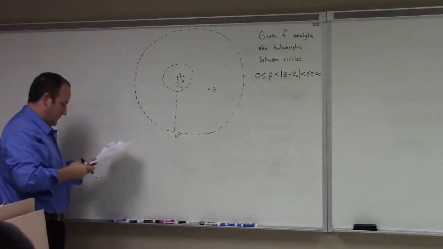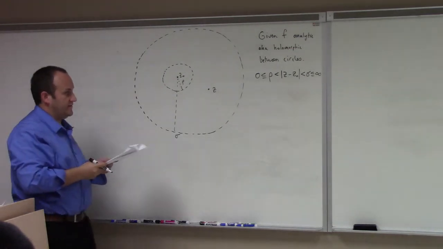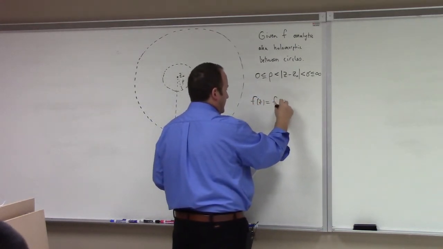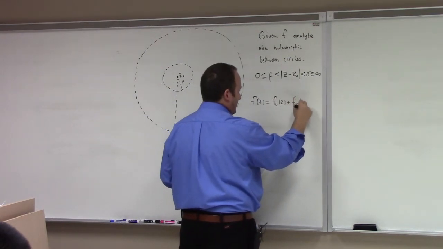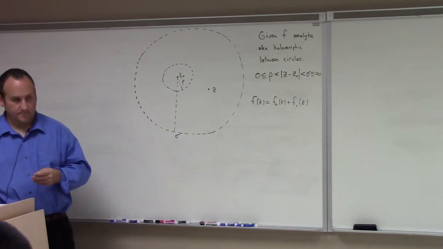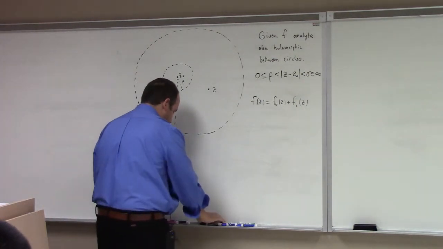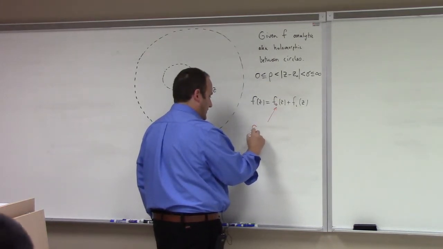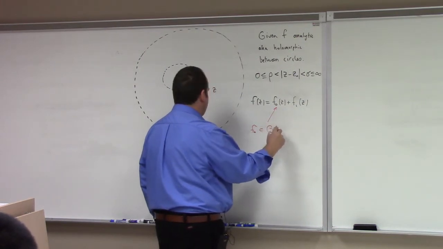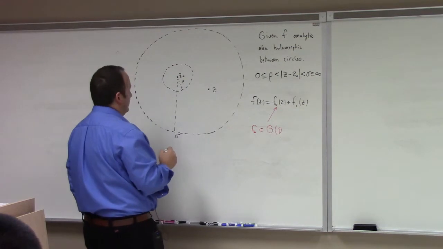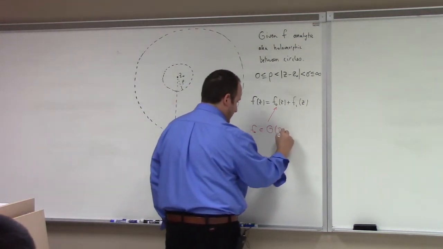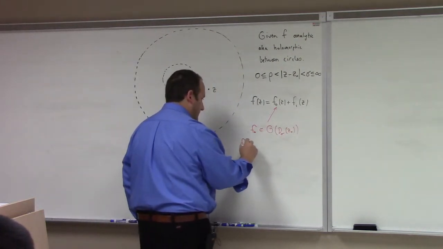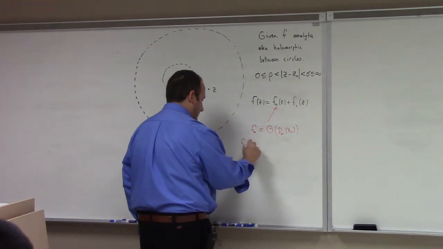What's the Laurent decomposition? It's something like f of z equals f0 of z plus f1 of z, where f0 is holomorphic on the disk of radius sigma centered at z naught, and f1 is holomorphic on the set of z such that the modulus of z minus z naught is greater than rho.